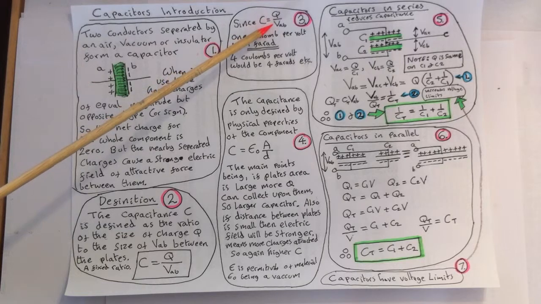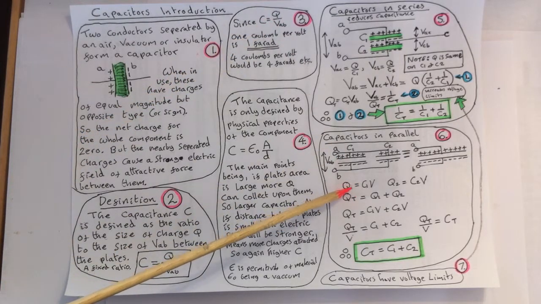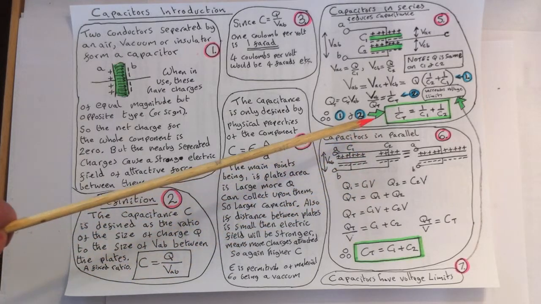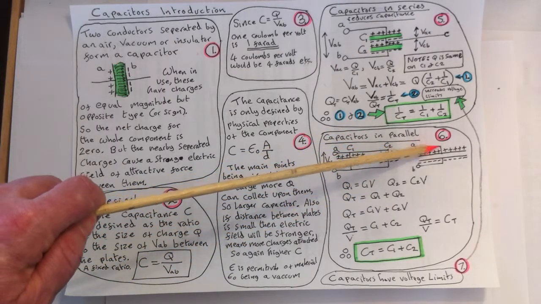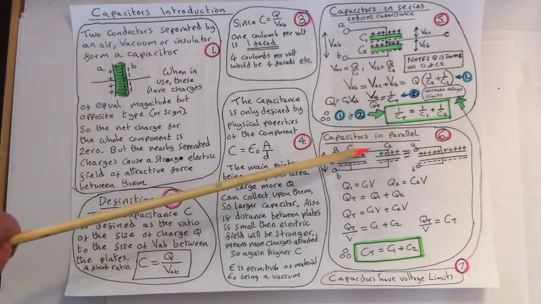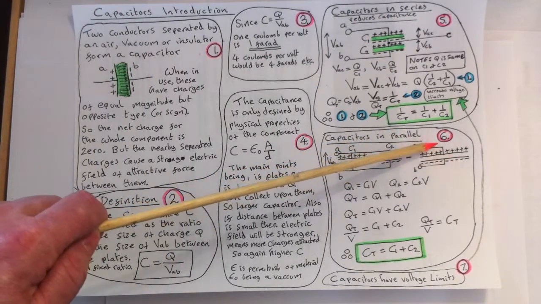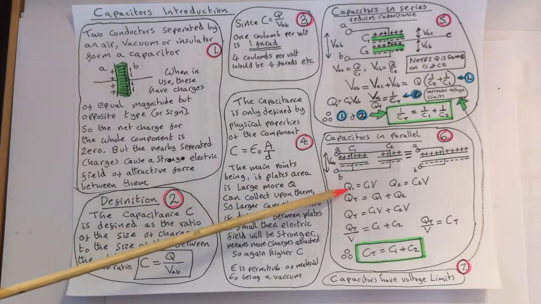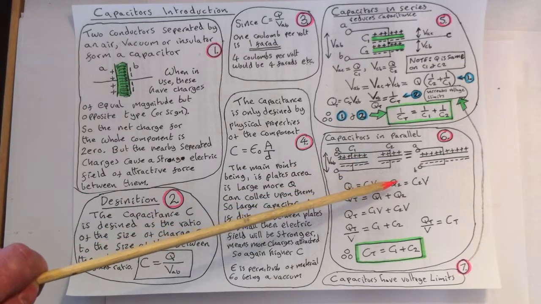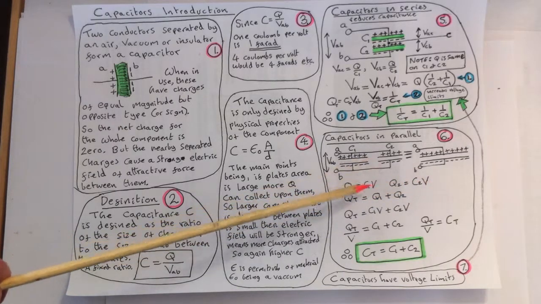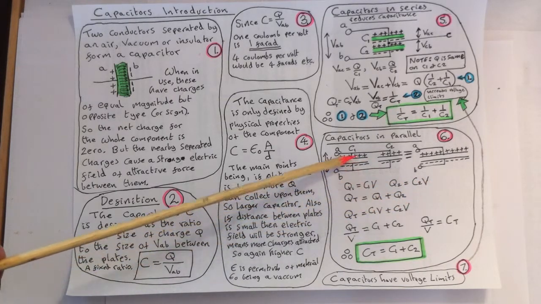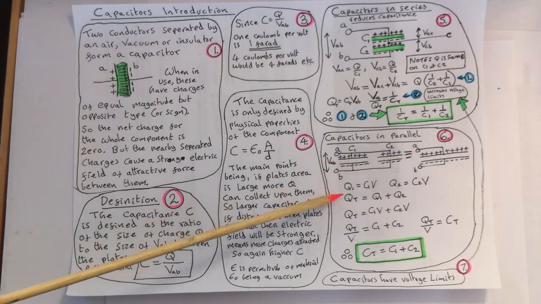Using this formula and rearranging, we get Q1 equals C1 V. Now the voltage is obviously the same: it's the same voltage dropped across here as across these two, and these two are effectively that one. So we've got Q1 = C1 V1 and Q2 = C2 V2. Then the total charge is, as I said before, the addition of these two charges.